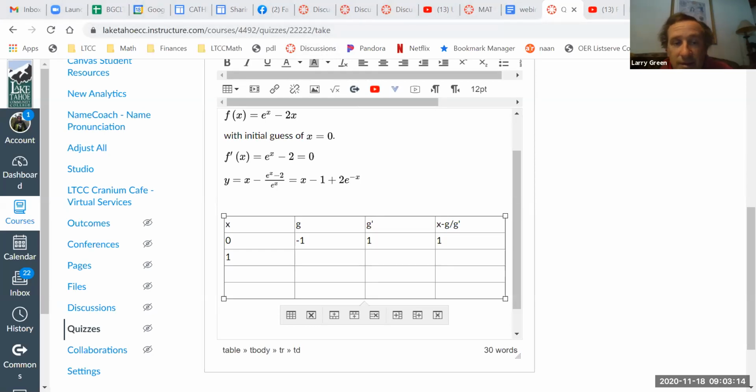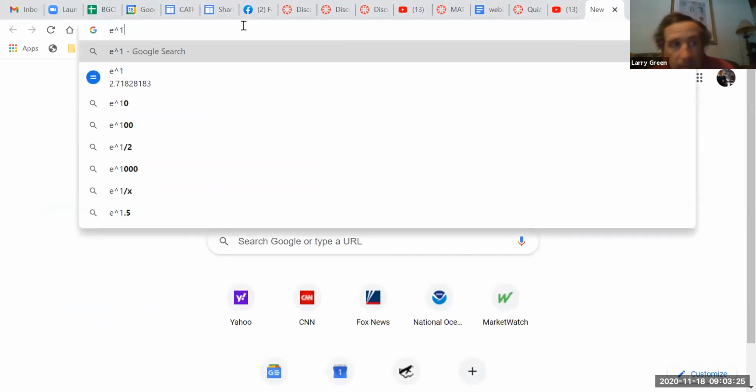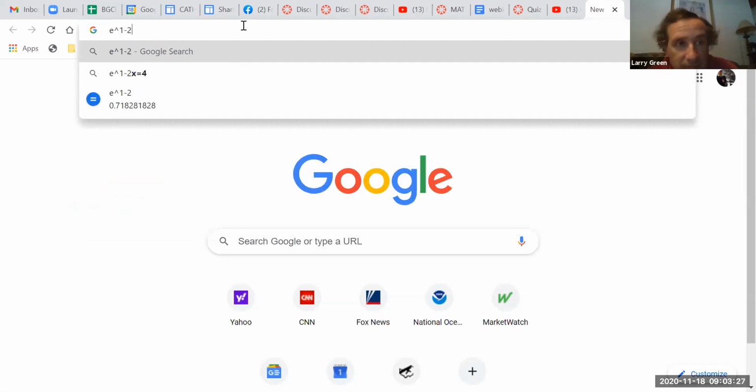So what I'm going to do is we need to put in e to the x minus 2, which is e to the 1 minus 2. Calculators are good for that. E to the 1, and then minus 2. And we want 3 decimal places, 0.718.